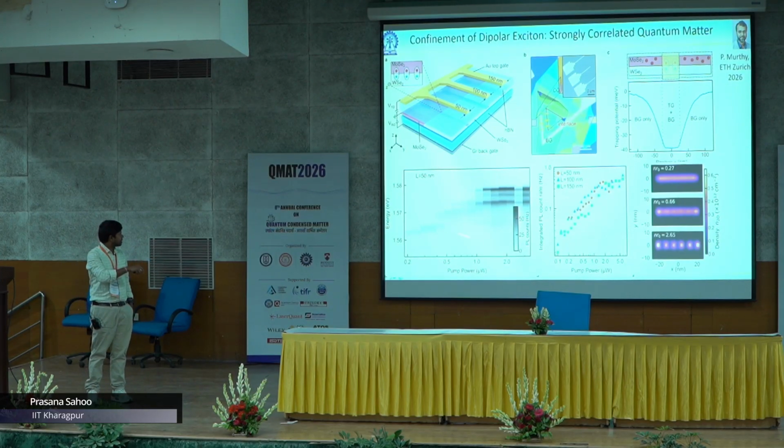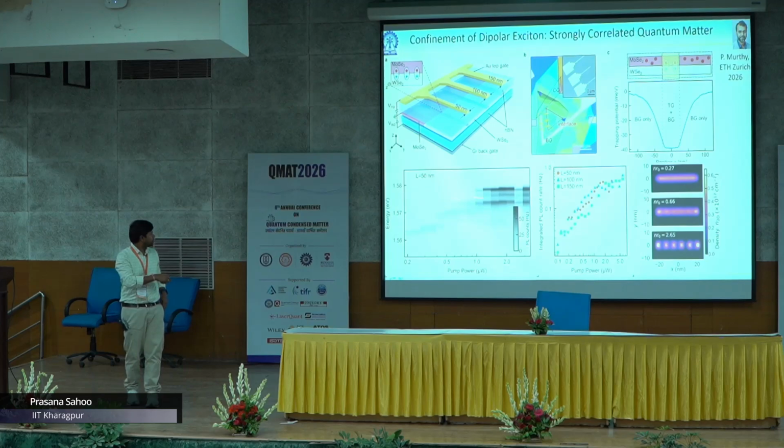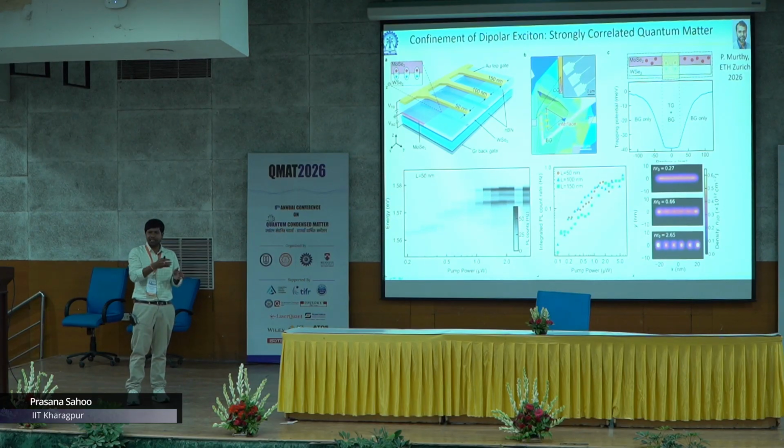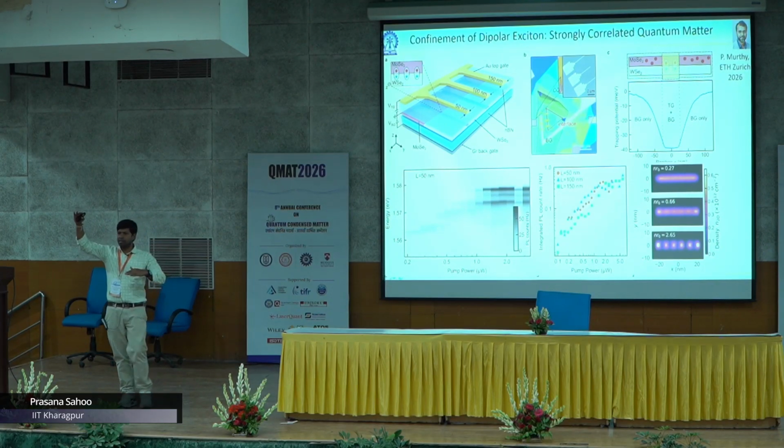But what is surprising is that when we again do the typical PL, as you saw in the previous slide, when you apply a brighter or more powerful laser, you get a broad photoluminescence. You cannot separate these energy states. But now here, from lower to higher power, when you increase the power, you can see that the filling of the exciton states is shifting to blue states.